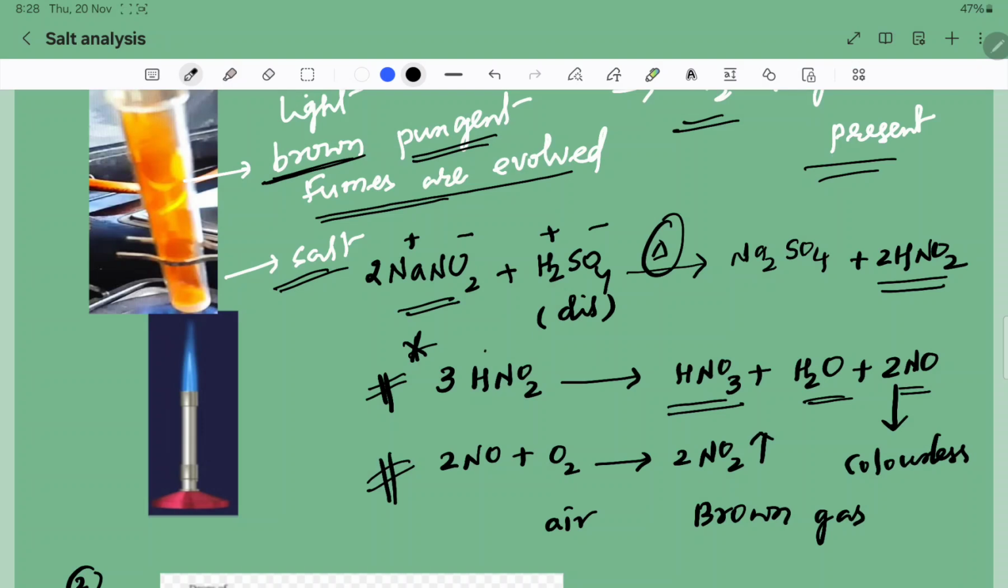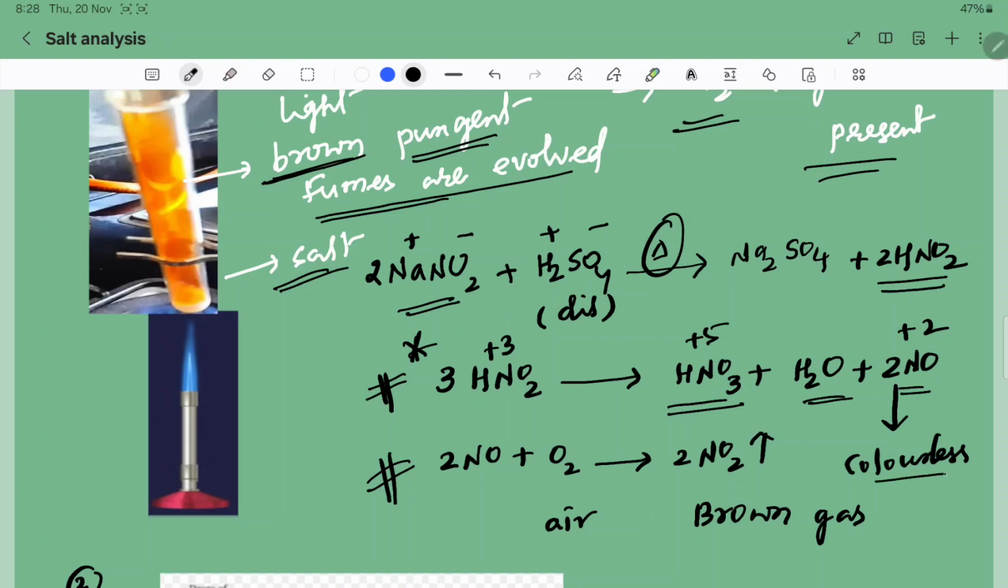Here nitrogen oxidation number is +3, +5, and +2. So it decomposes, student. Nitrogen is reduced to +2 and oxidized to +5. We can say it is a disproportionation type of reaction, right?